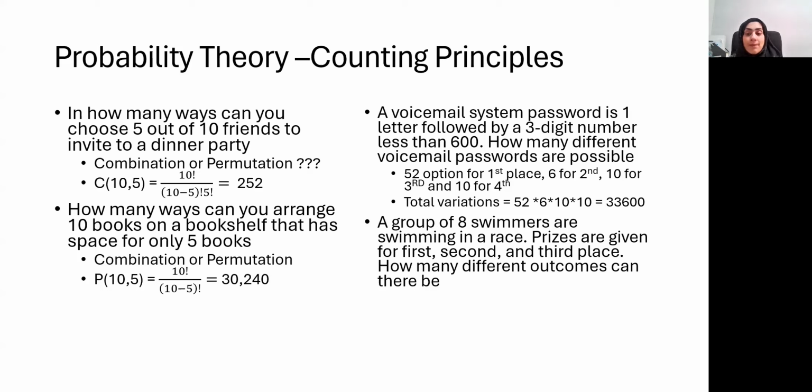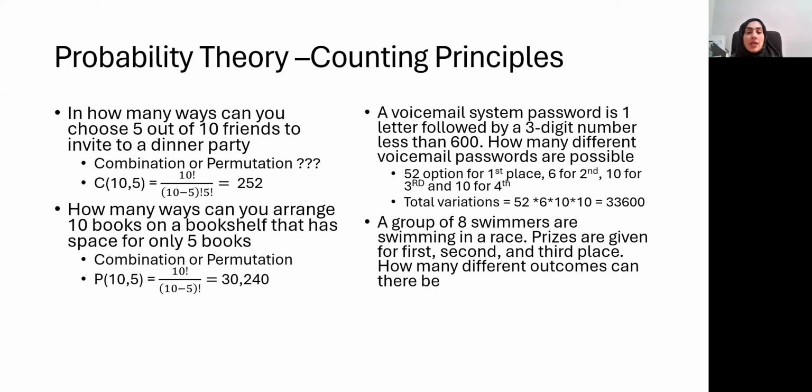So since the items that we pick have some kind of ranking or ordinal structure, we know that if we change position, it is going to make a different arrangement, a new instance of the arrangement.